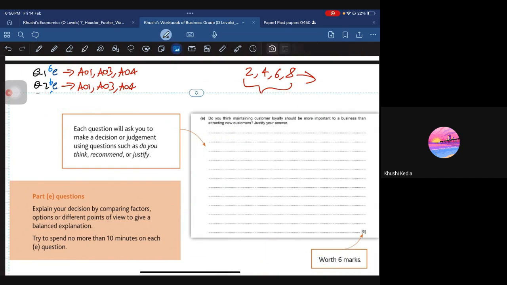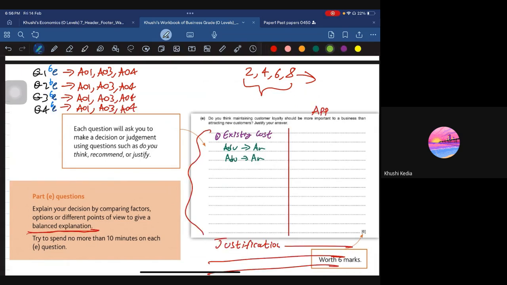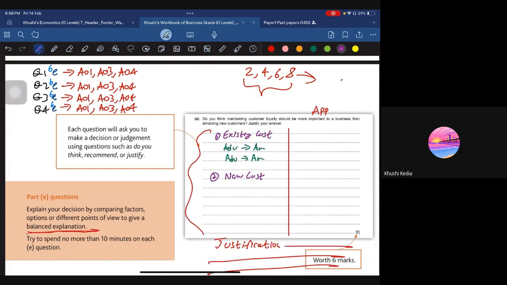Then you have the second point, which is the new customer. Again, do the same thing: advantage and analysis. Even if it's just one, it is fine. I'm just writing for that safe side.